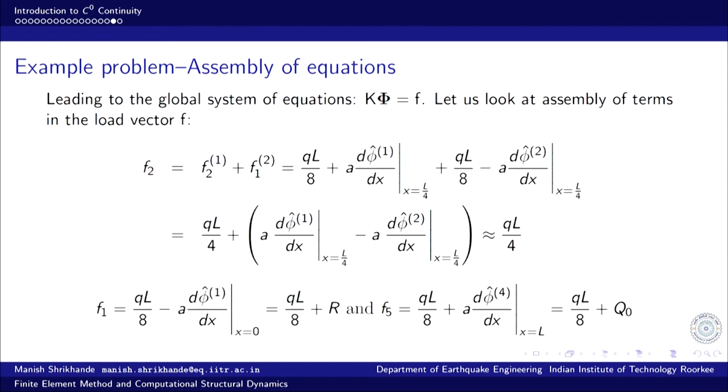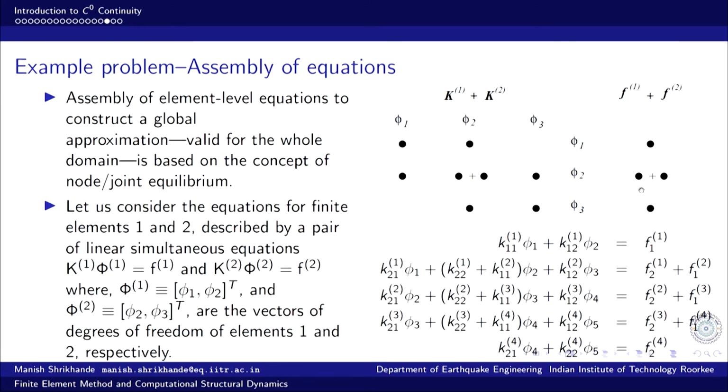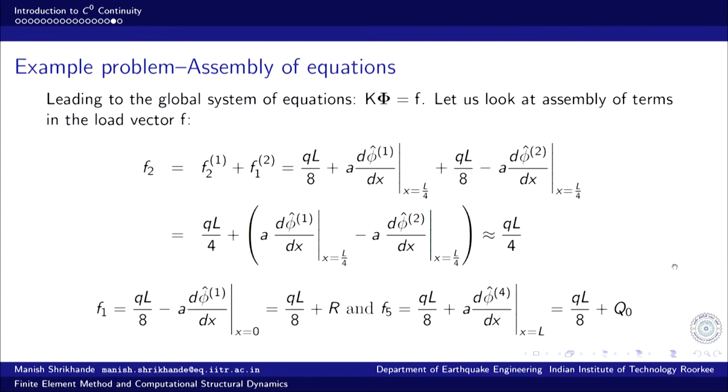Now, this assembly is an important thing. The right hand side vector can be examined a little more closely, these two terms. Let us look at this term, f 2. The contributions come from 2 terms: QL by 8 plus this boundary term, and QL by 8 plus this boundary term.